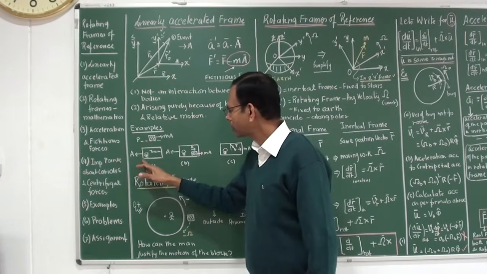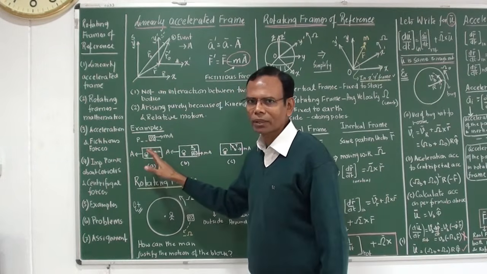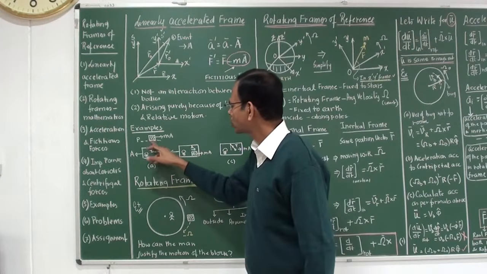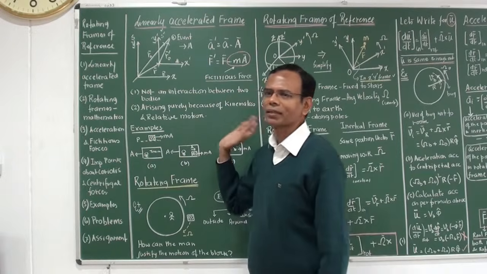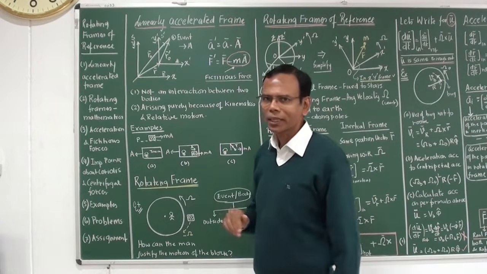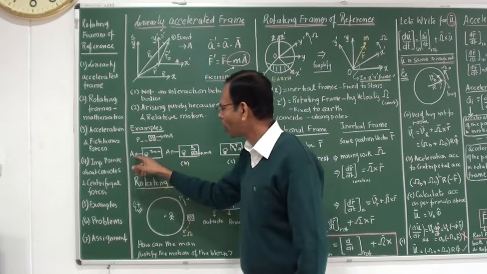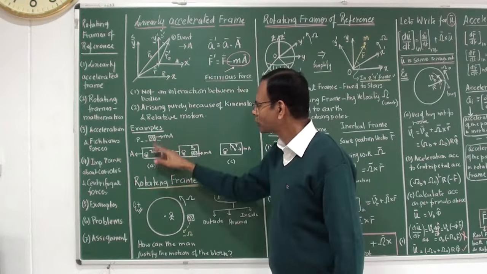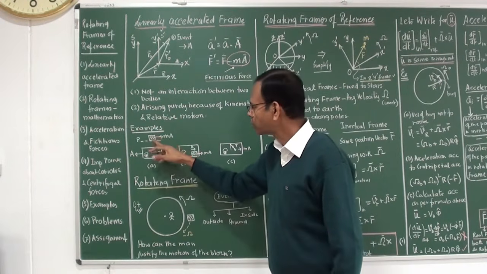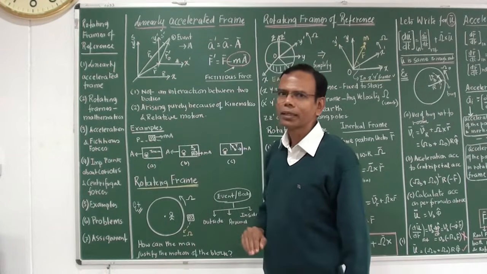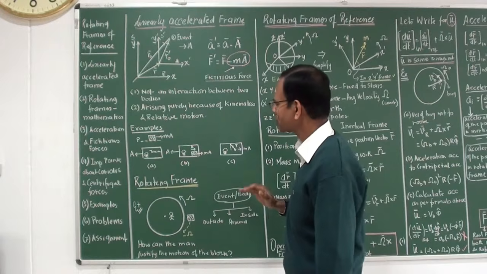Since he is in the accelerating frame, he will see himself at rest. So he will see that this block is accelerating backward. How can he justify it? He will put a force minus mA in a direction opposite to that in which the train is accelerating. This particular body is totally out of the frame, but still you have to apply pseudo force or fictitious force.